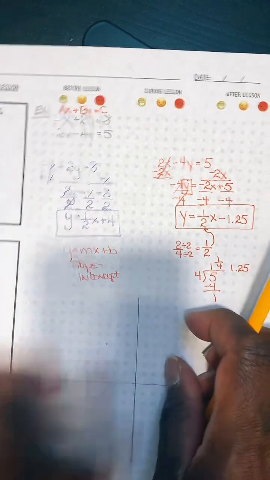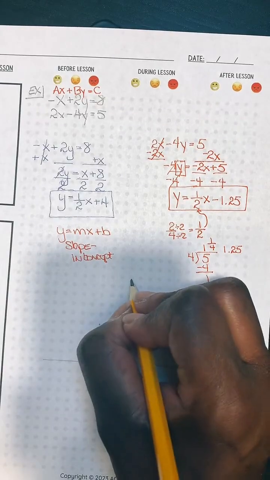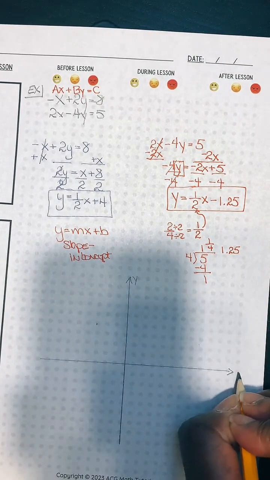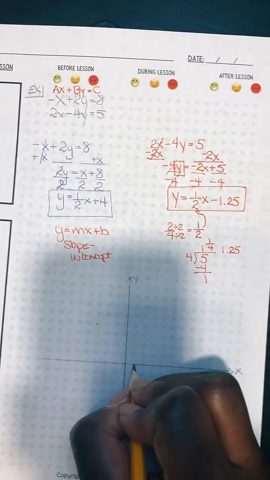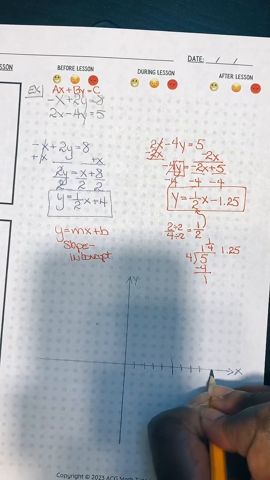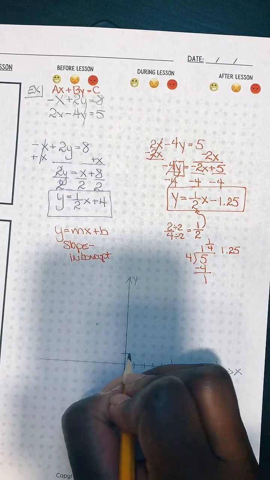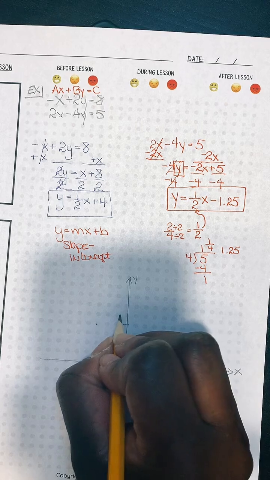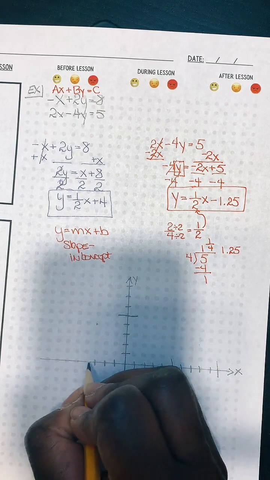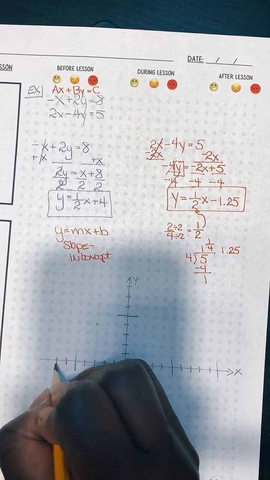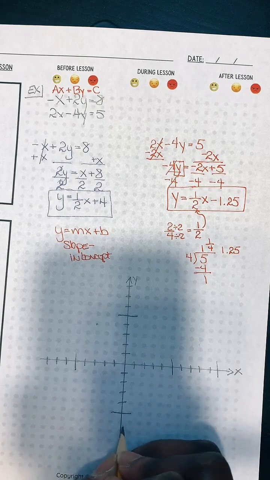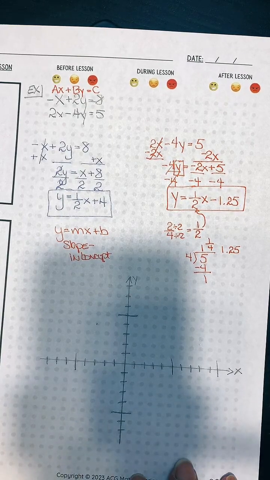Just a straight marking. All right. So this is my y values. This is my x-axis. So I got 1, 2, 3, 4, 5, and 1, 2, 3.